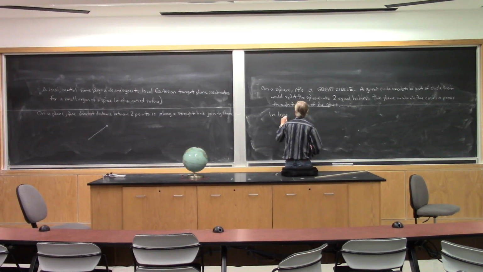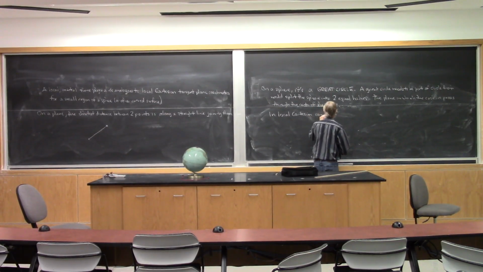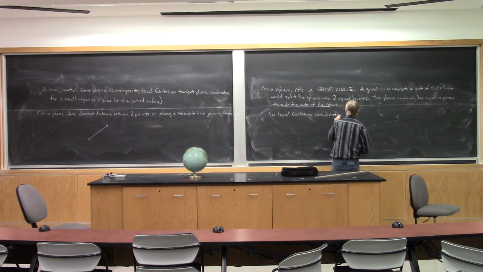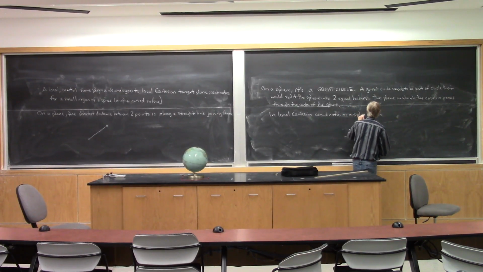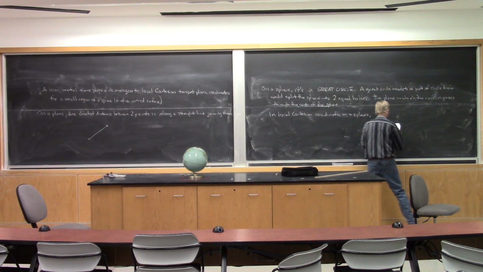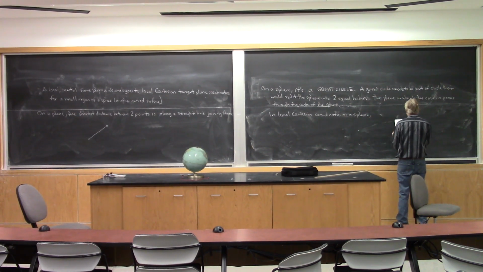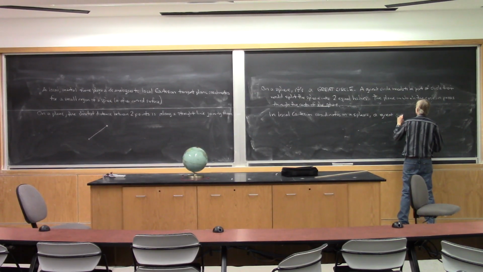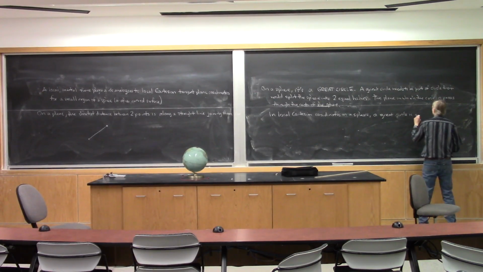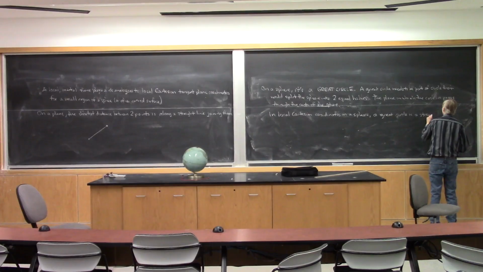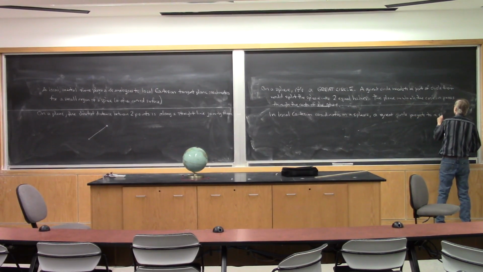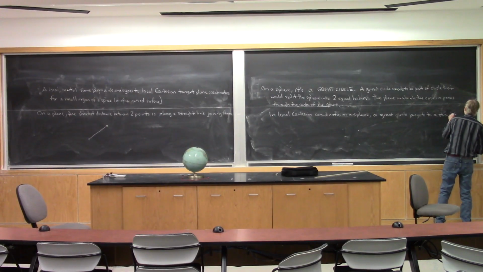In local Cartesian coordinates, on a sphere, a great circle is a straight line near any point. I'll say a great circle projects to a straight line on the tangent plane and vice versa.